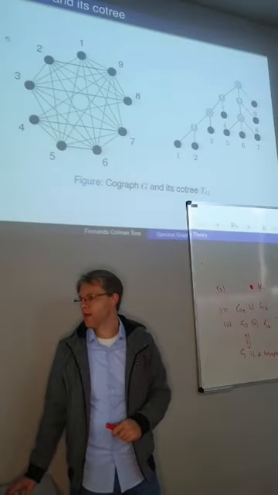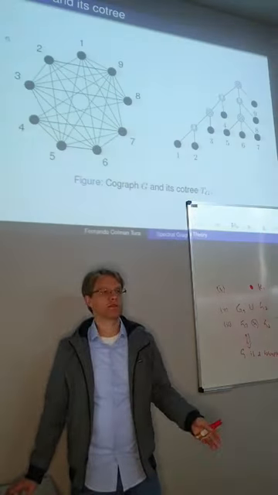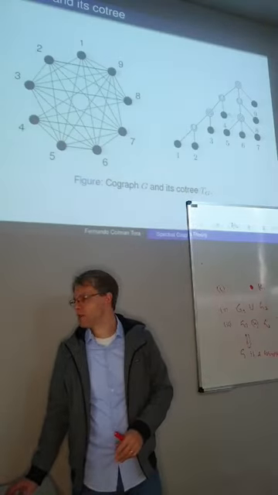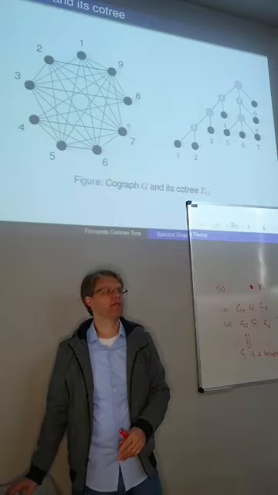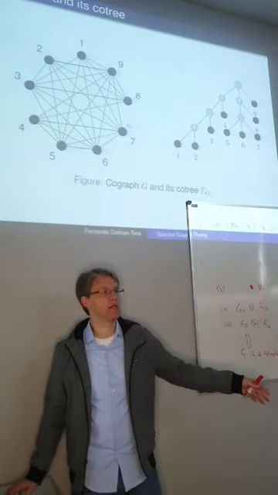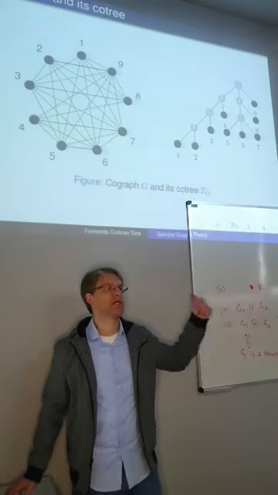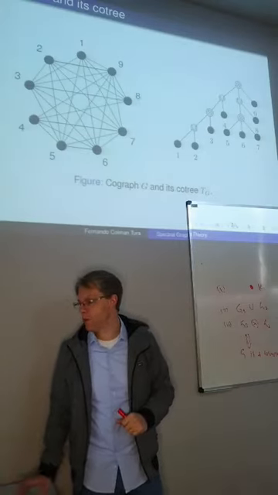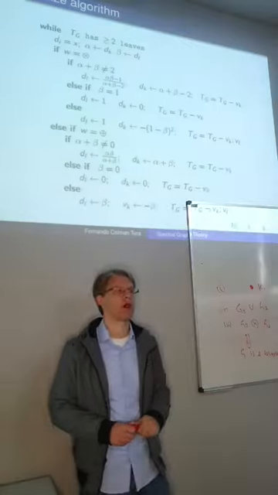So, now it's very easy to obtain a diagonalization algorithm because now you have a tree here, and then you use the same ideas you used for the case of trees. Then we have a diagonalization algorithm.